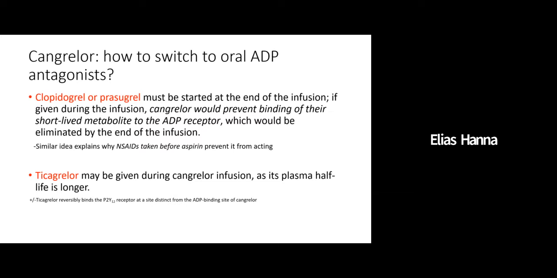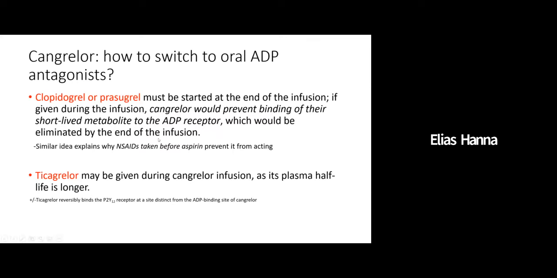The load will be wasted, and you might increase thrombotic events. So with Plavix and prasugrel, you have to wait until the end of the infusion, then give your load, okay? With prasugrel, you can give it half an hour before, but you cannot give it during the infusion, for that pharmacokinetic reason, okay?